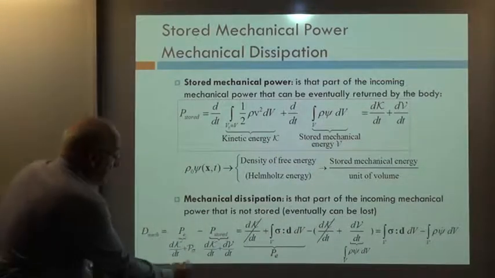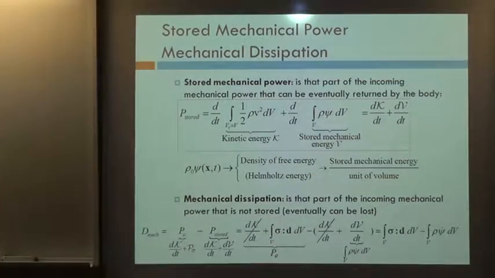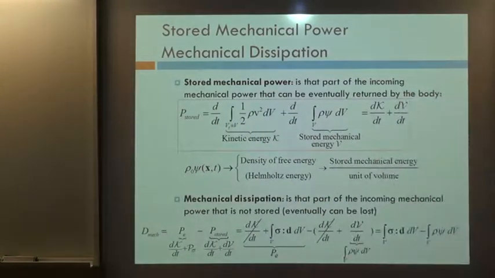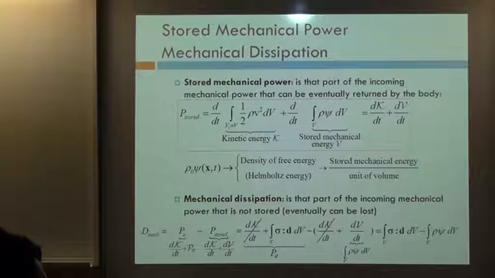And then we see that this term cancels. So the dissipation is understood physically as that part of the mechanical power which is not stored. That is the definition of dissipation in words.